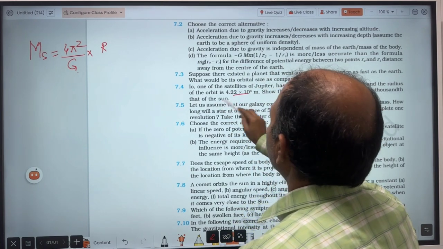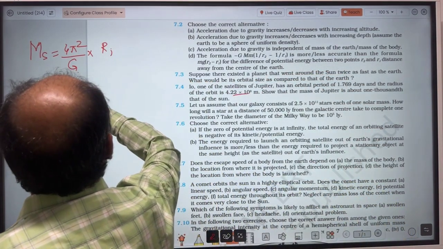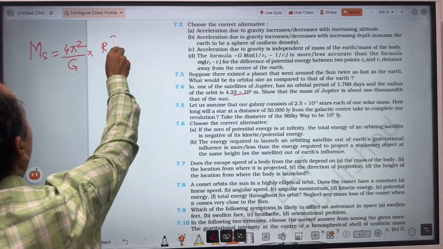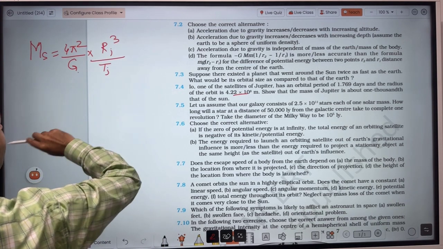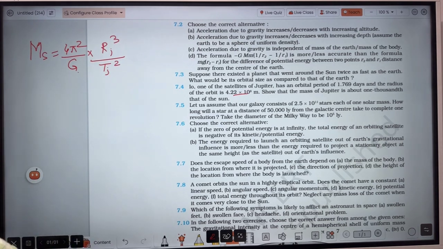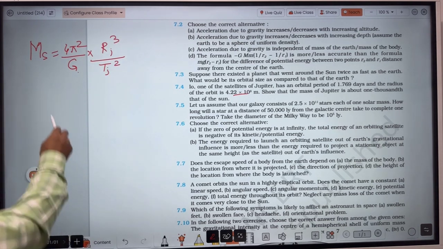We denote it for the time being as r Jupiter, cubed, divided by T Jupiter squared. Later on I will put the values.